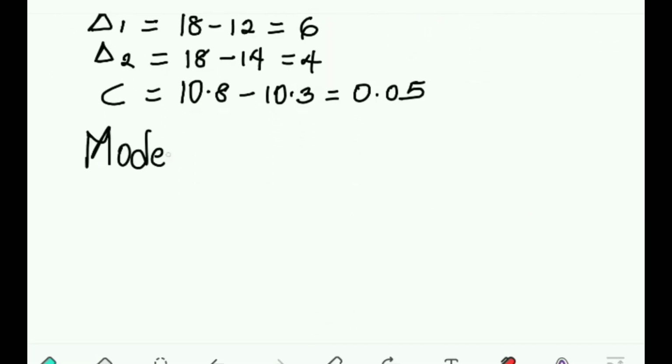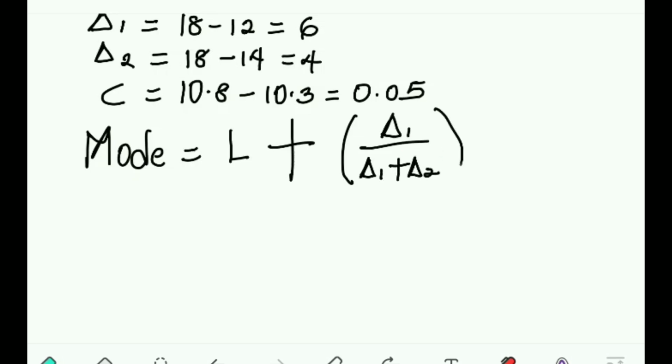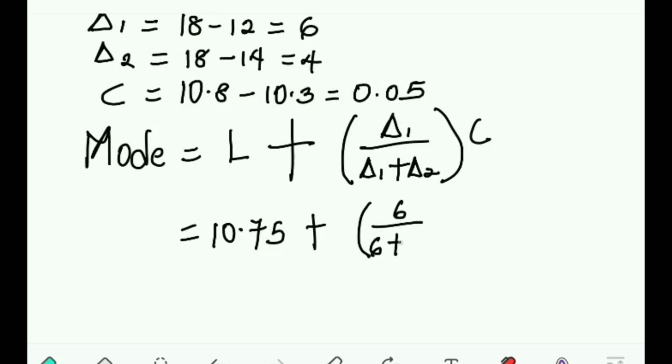The mode is equal to the lower class boundary plus change in 1 divided by change in 1 plus change in 2, times the class width. So 10.75 plus 6 over 6 plus 4 times 0.5.